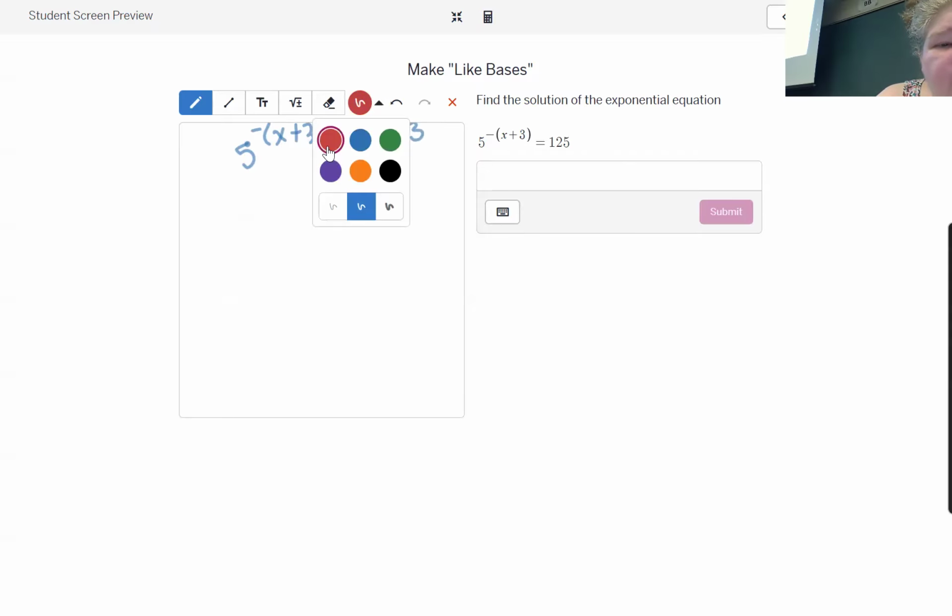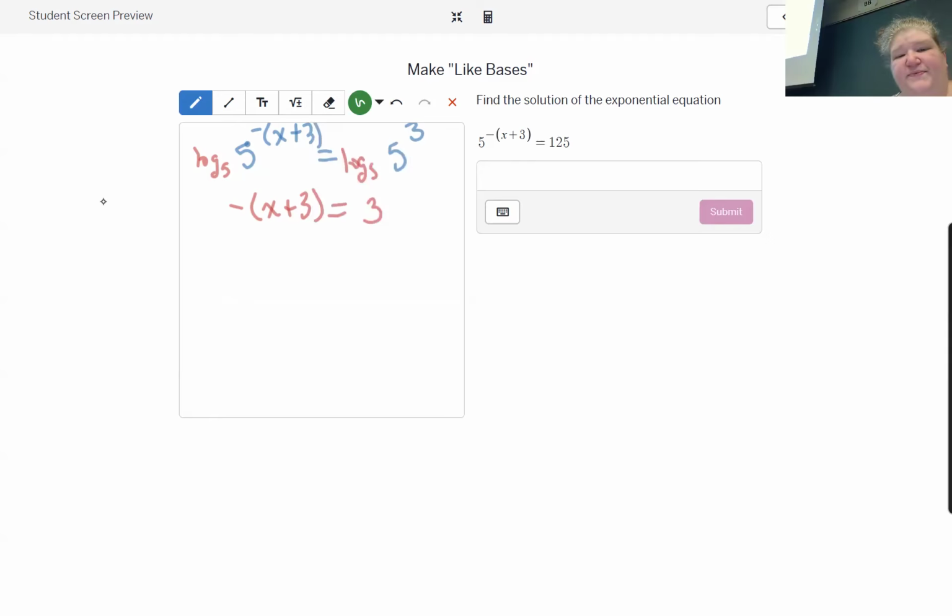And now they're both written in terms of base 5. So now when I tack on my log base 5, I just get the negative of x plus 3 equals 3. Now, there's more than one way to solve the equation here.